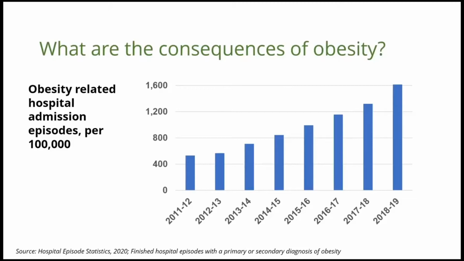Well, one reason is that it leads to classic externalities in the form of increased healthcare costs. For example, if we look at the hospital episodes data for the UK, where obesity is the primary or secondary diagnosis, we see that this has risen almost fourfold over the past decade, and it costs considerably more to treat an obese person in hospital than a normal weight person.